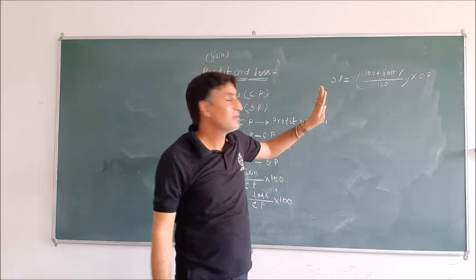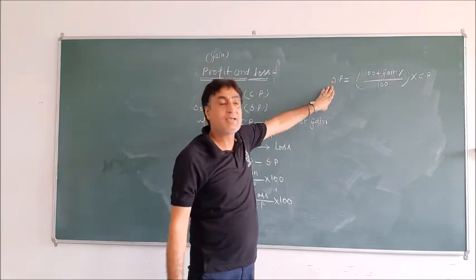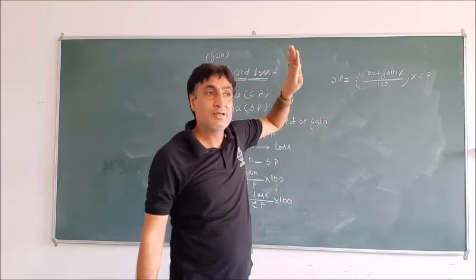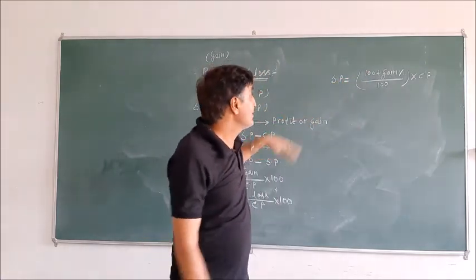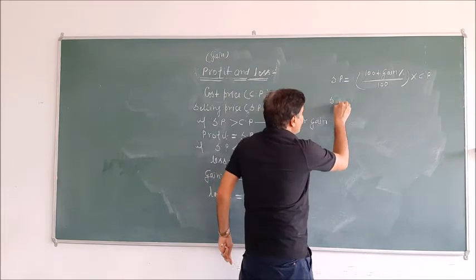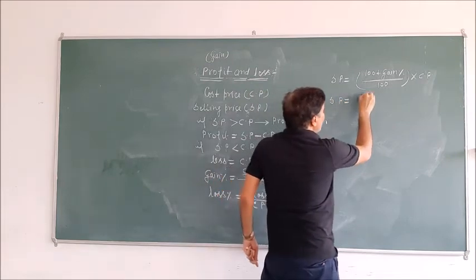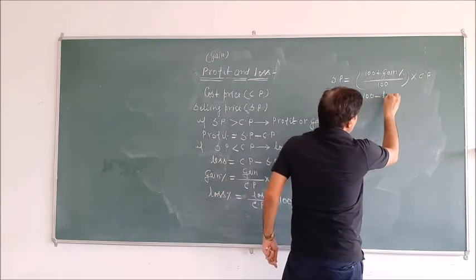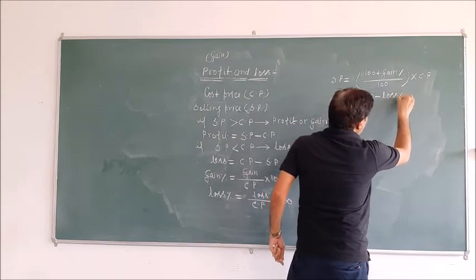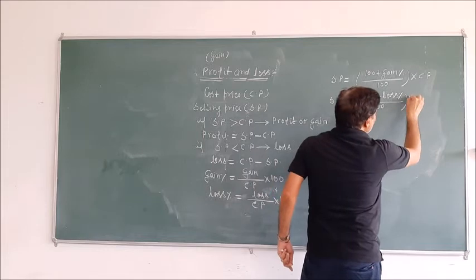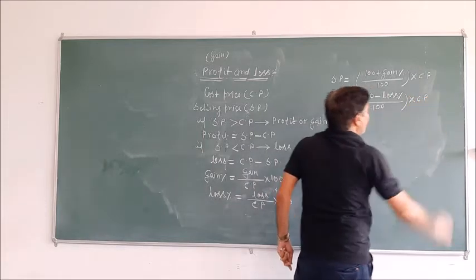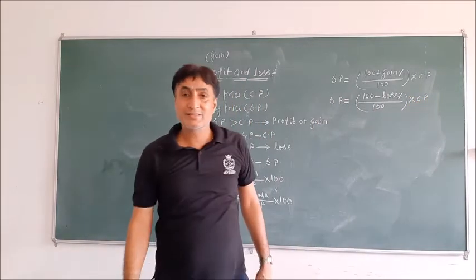If cost price and loss percent are given, then selling price equals (100 minus loss percent) divided by 100, and this whole multiplied by cost price.